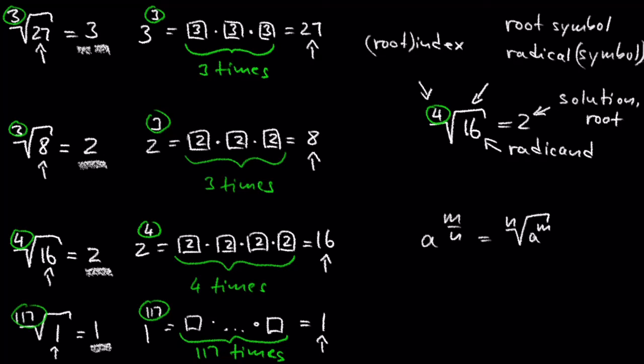So when we have, for example, a to the power of 1 over 2, that's the same as the square root of a raised to the power of m.